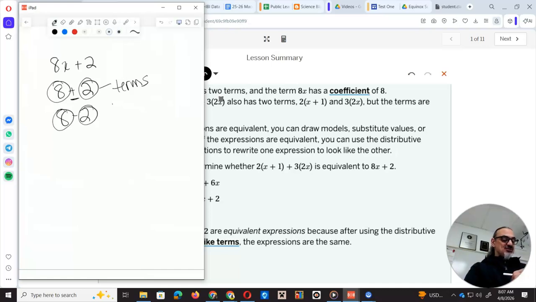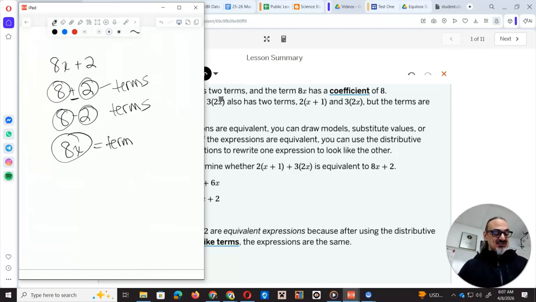Now, if we're multiplying like 8 times x, because we don't know what x is, the whole thing is a term. So terms work for addition and subtraction. So in this one, 8x is a term. Number 2 is a term.